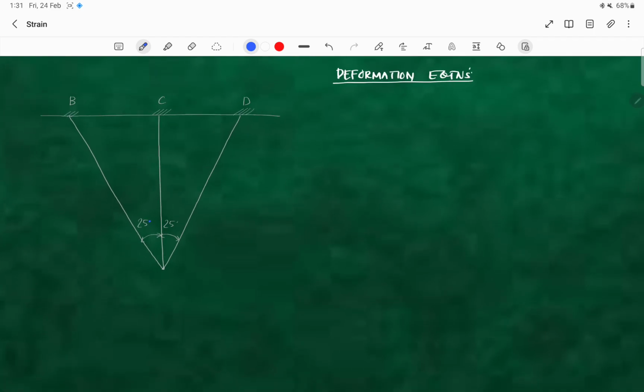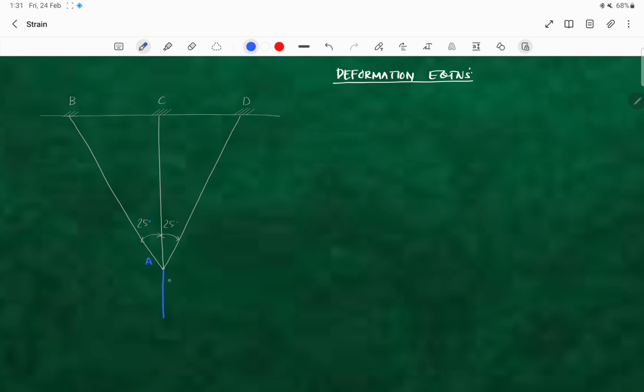So, yung tendency is magdi-deflect to, no? Yung bar EC. So, bale, magdi-deflect to. Sabihin natin ito yung deformation nung bar EC. This is point A. And then, sabihin natin, kasi may naghihila tayo, no?